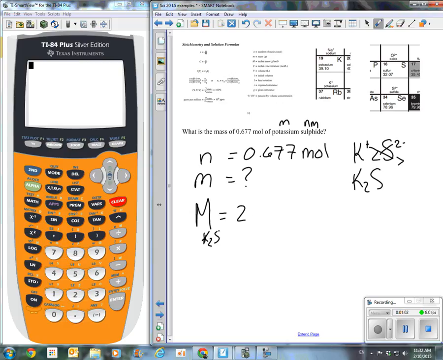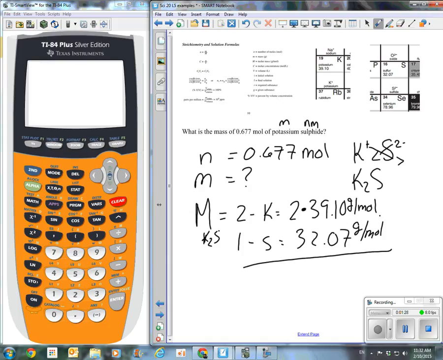So I have two potassiums, so I'm going to do 2 multiplied by 39.10 grams per mole, and 1 sulfur, which is going to equal just 32.07 grams per mole.